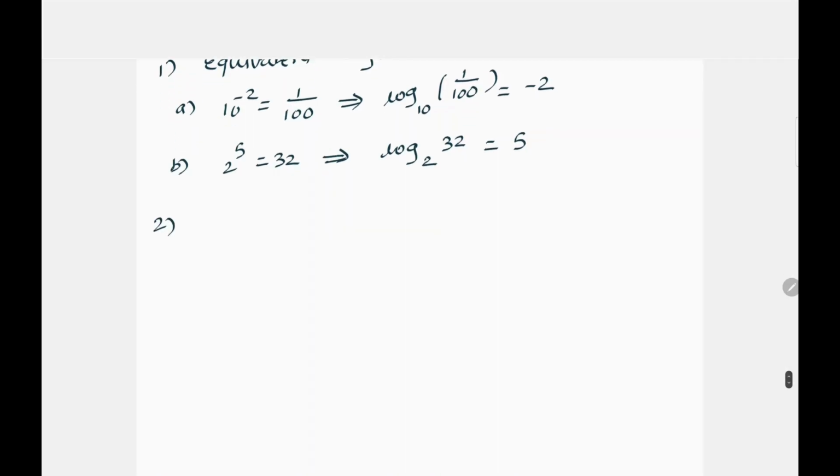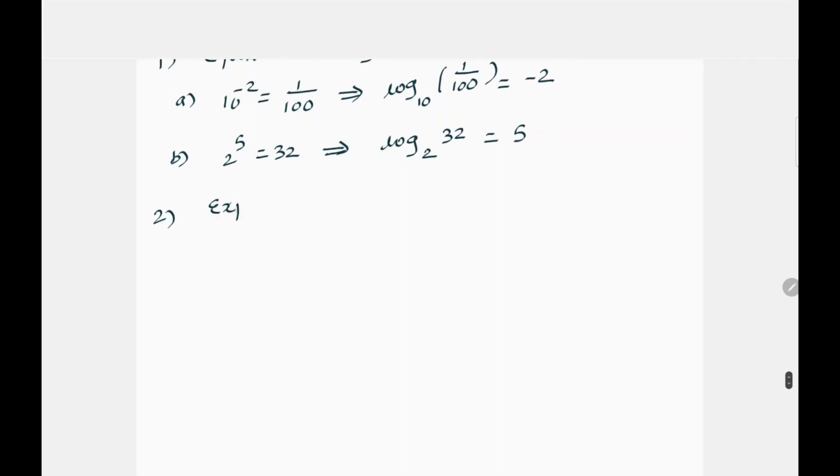Second, write the exponential form. First, log 343 to the base 7 is equal to 3.